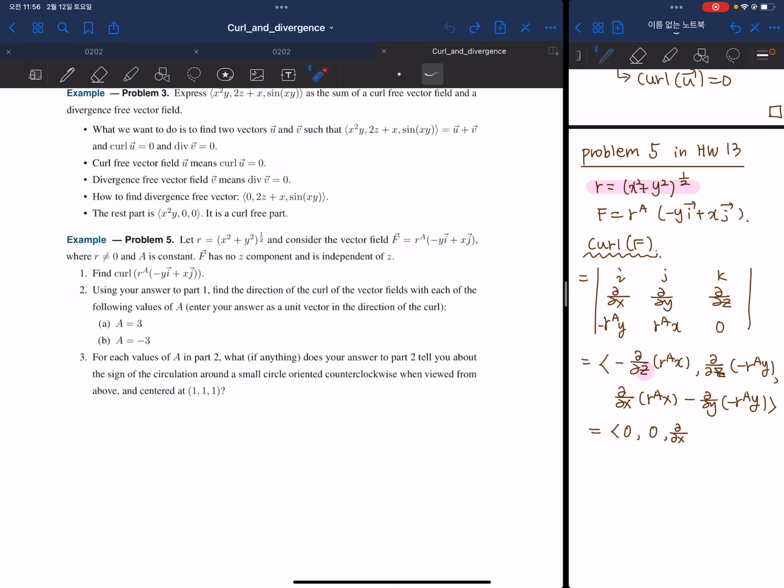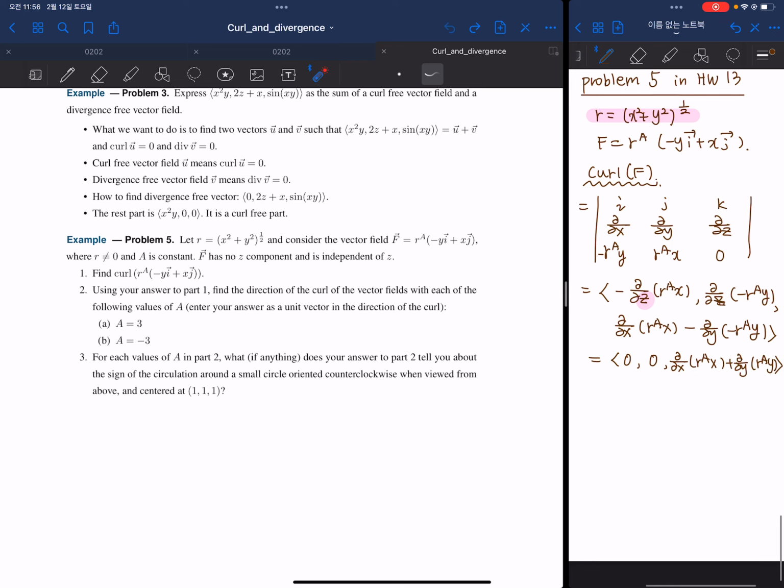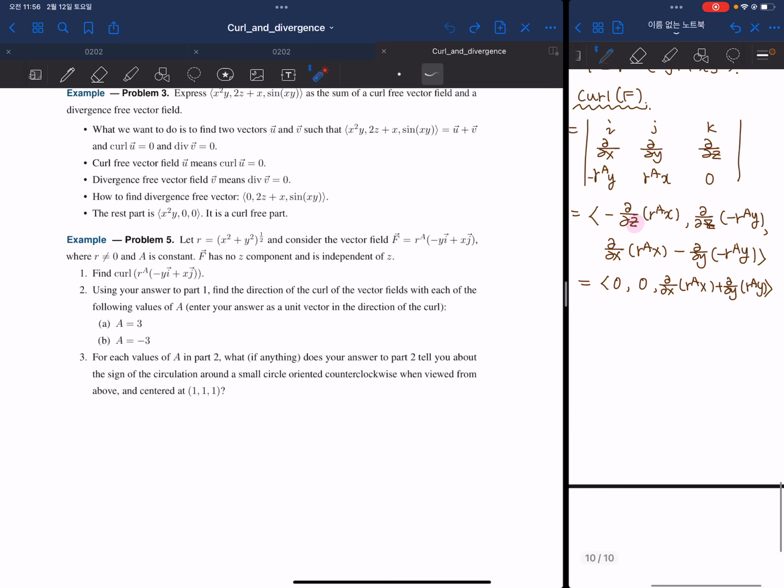So we write down d/dx of r to the a x plus d/dy of r to the a y, and by the product rule we get d(r to the a)/dx times x plus r to the a times dx/dx, and the second term becomes d(r to the a)/dy times y plus r to the a times dy/dy.